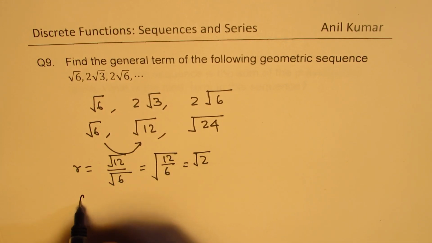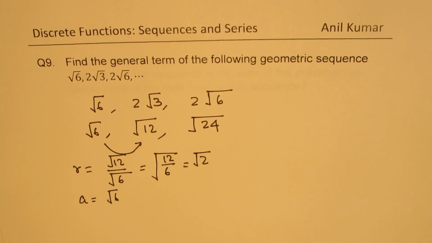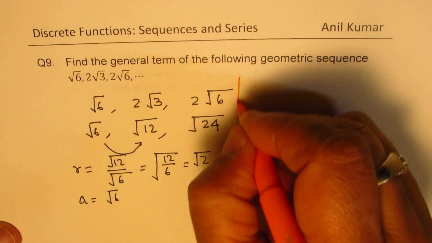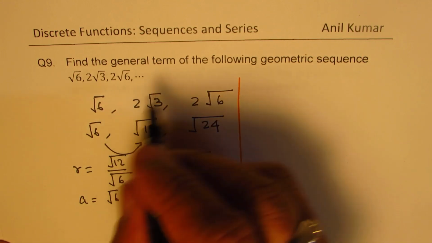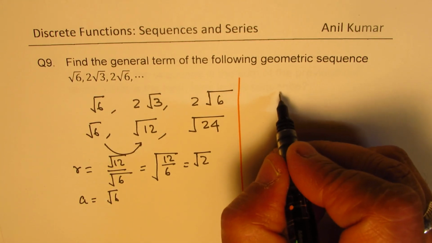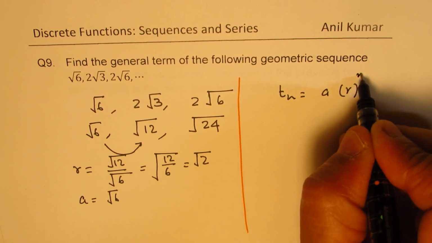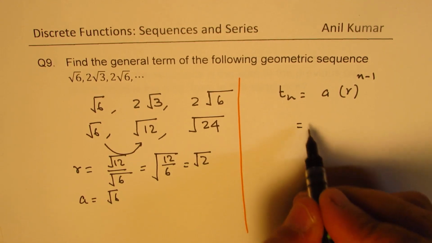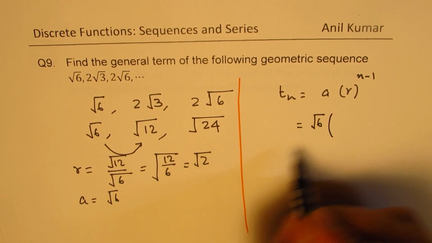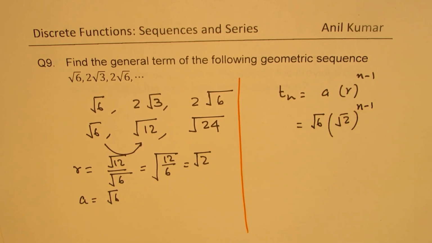And the first term a is square root of 6, correct? So we can now write the general term. General term for a geometric sequence is Tn equals to a times r to the power of n minus 1. Now in this case, a is square root of 6, r is square root of 2 to the power of n minus 1.